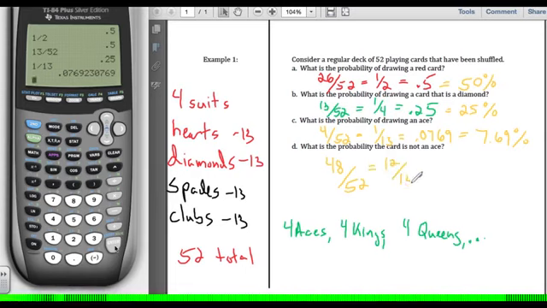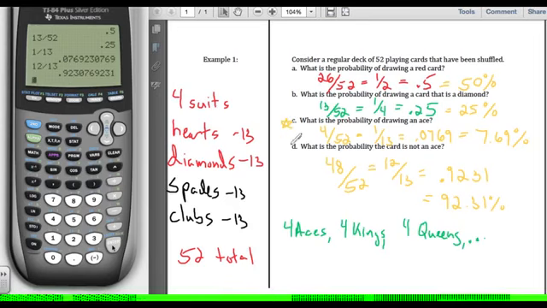This is the same as 12 out of 13. And if we divide 12 by 13, we get 0.9231 if we round to 4 places, or 92.31%.